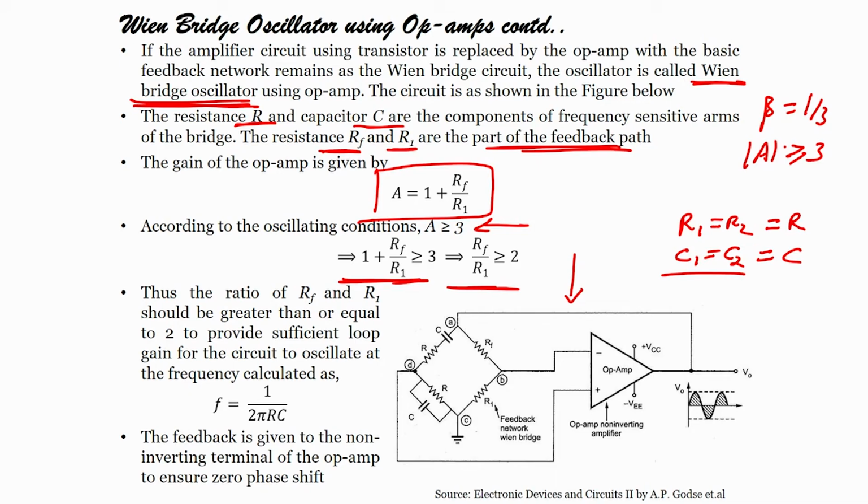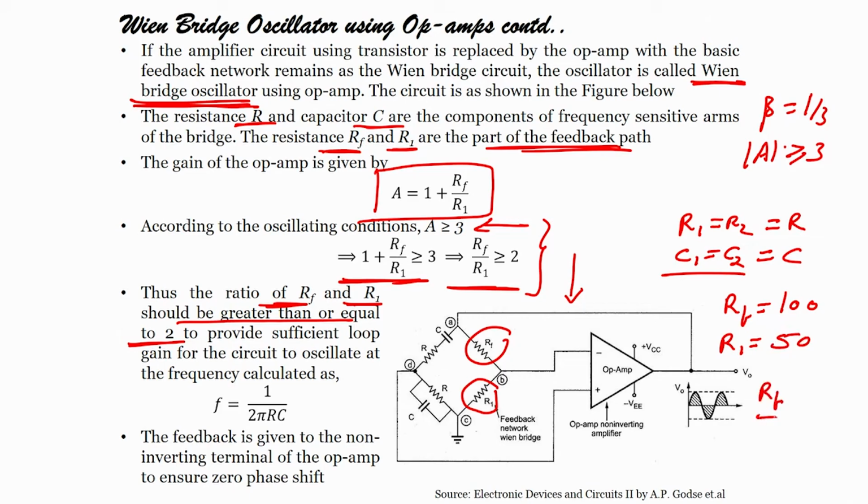Now, what does that mean? Thus, the ratio of RF and R1 should be greater than or equal to 2. The feedback resistor RF to input resistor R1 ratio should be greater than or equal to 2. That means if I select RF equal to 100, my R1 can be 50. Then RF by R1 will be 100 by 50, which is 2.